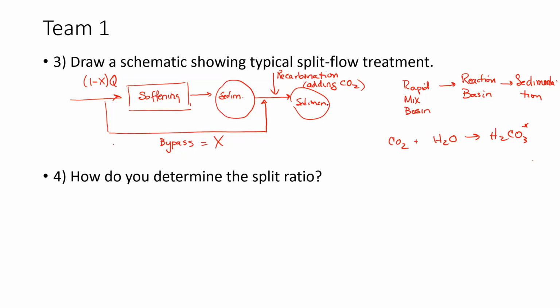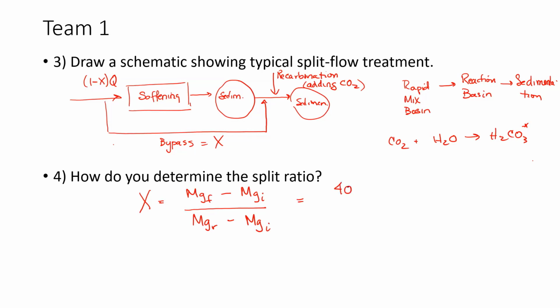To determine the split ratio, this X, that bypass ratio, is equal to the final magnesium concentration that's desired minus the concentration coming from the first unit, divided by the magnesium concentration in the raw water minus the magnesium concentration initial. For this water that we're working with, our final is typically 40.